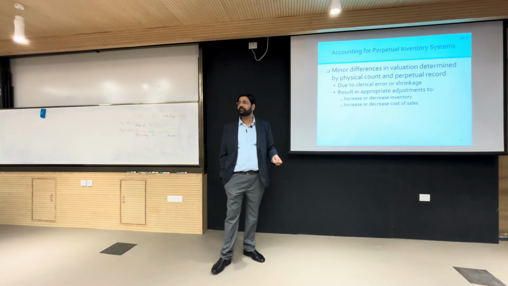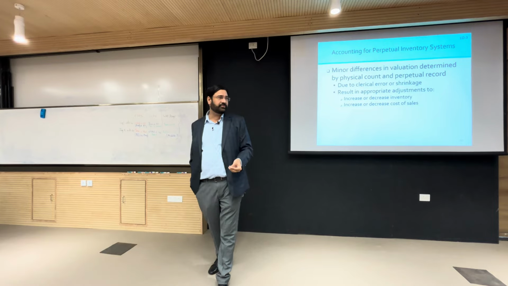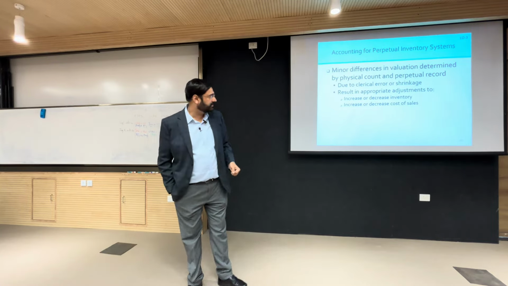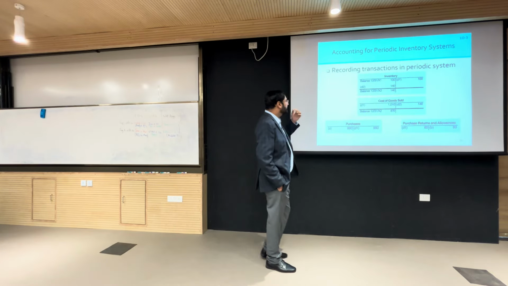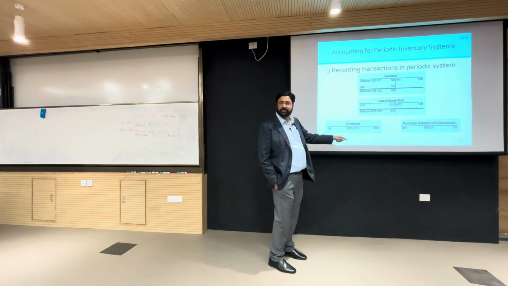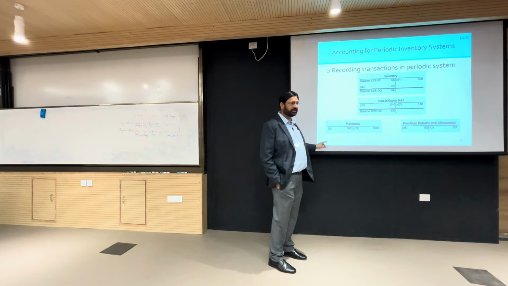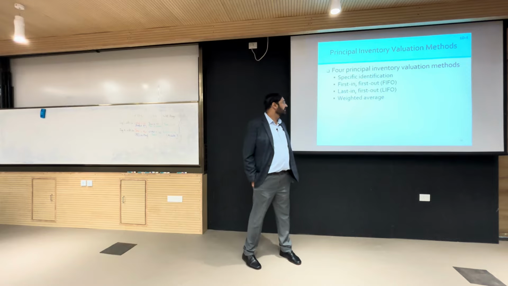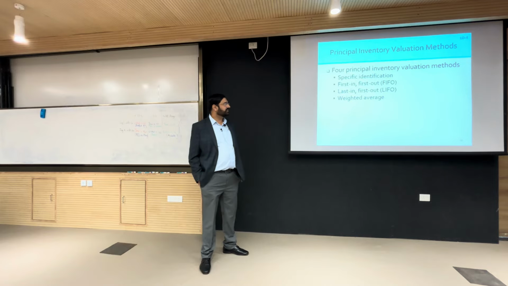So what was the entry we passed? Inventory shrinkage 5 debited, inventory account credited 5. Next. Then this is under periodic system. These are the ledger accounts under the periodic system which we have all prepared. Next. Yeah, done. Next. So, this is okay.